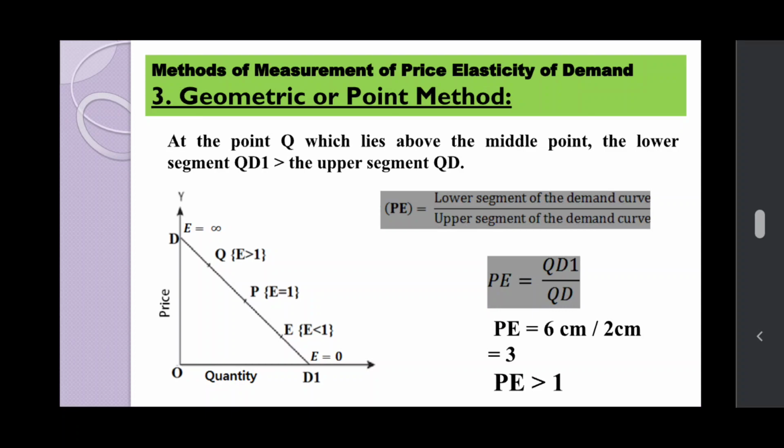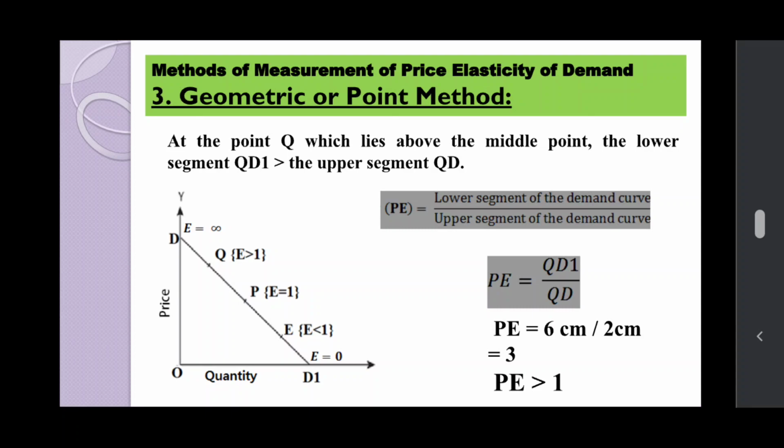Here we observe that QD1 is greater than QD. So QD1 is 6 centimeter and QD is 2 centimeter. So if we put the data into the formula, it will be price elasticity is equal to 6 upon 2 and the answer is 3. It means that at point Q, elasticity of demand is greater than 1.